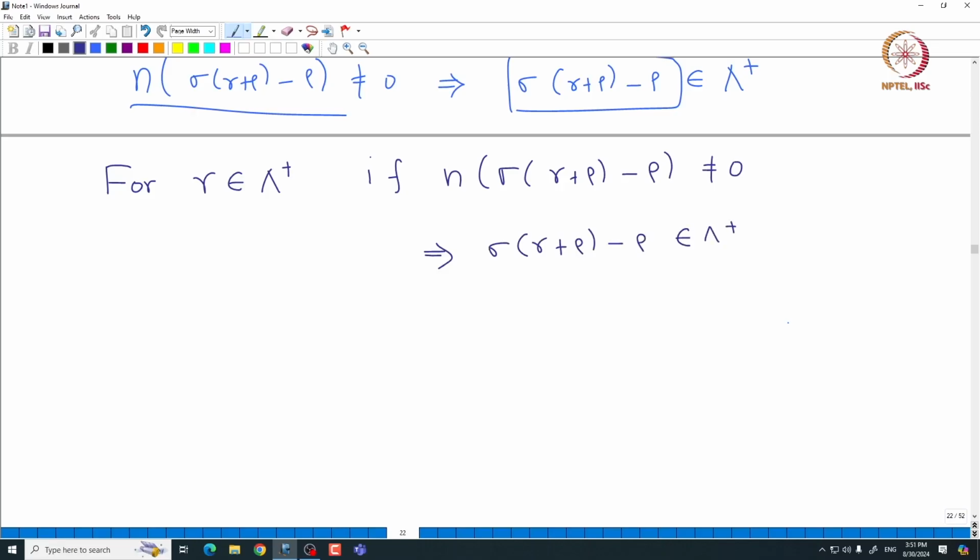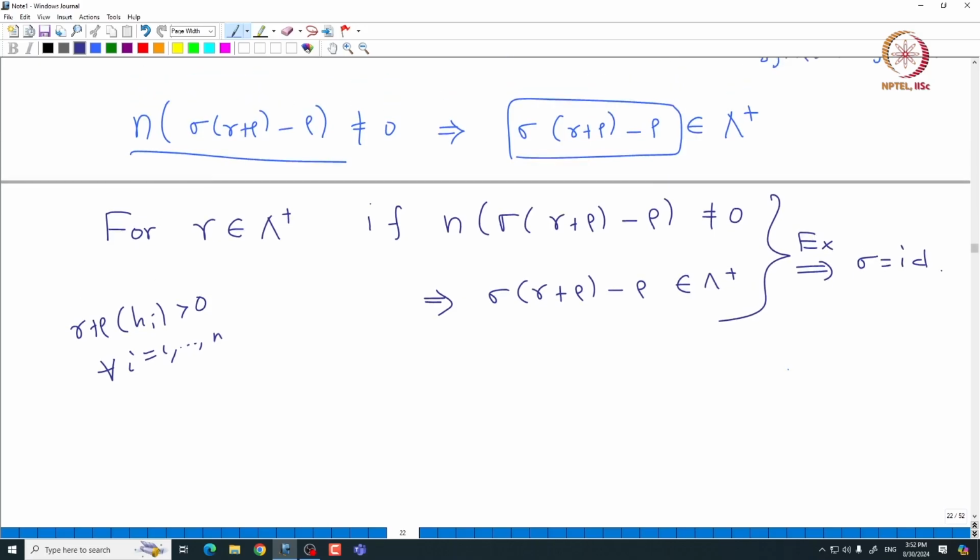But for gamma being dominant, then that would imply that gamma plus rho is indeed what is called a regular element. So, gamma plus rho of h i is going to be positive for all i from 1 to n. So, using this in this situation, I will leave it as an exercise. You can prove that sigma must be identity.